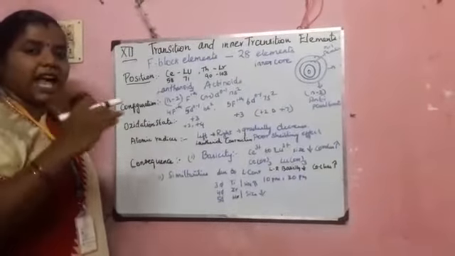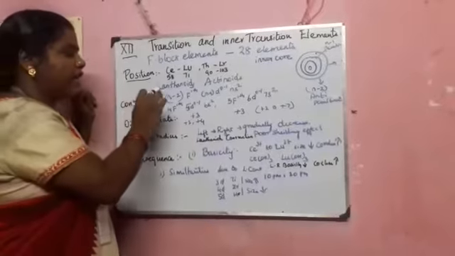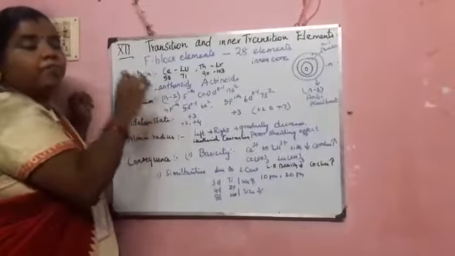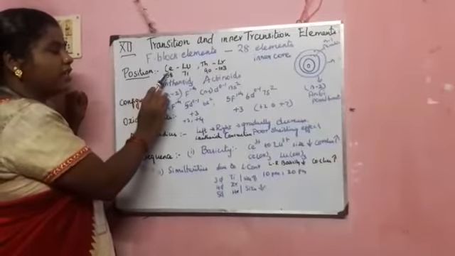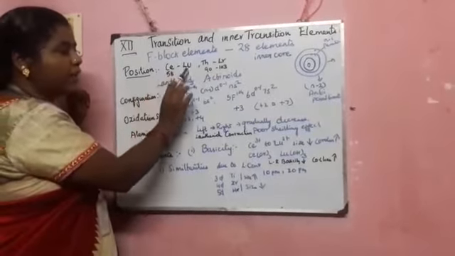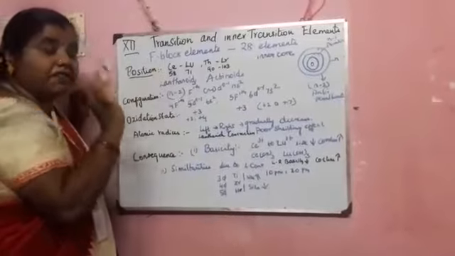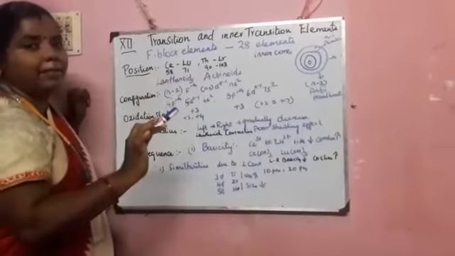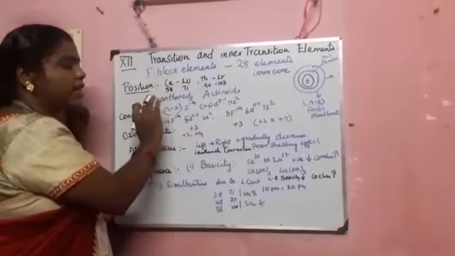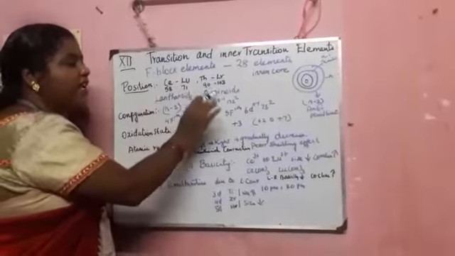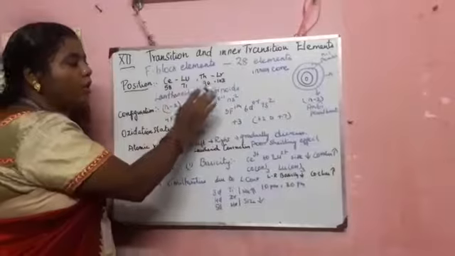The 57th element is lanthanum, and the elements following lanthanum are called lanthanoids. In the same way, the second series is the actinoid series.